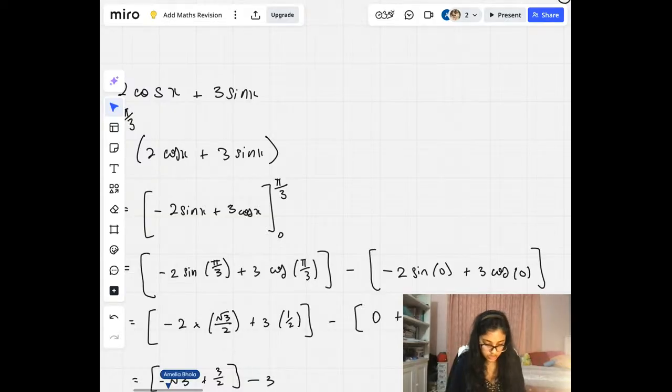What? Oh no, I did nonsense somewhere. Where did I do nonsense? I integrated, I put that there. Wait. Cosine is negative sine, sine is cosine. Yeah, okay, I did that right.